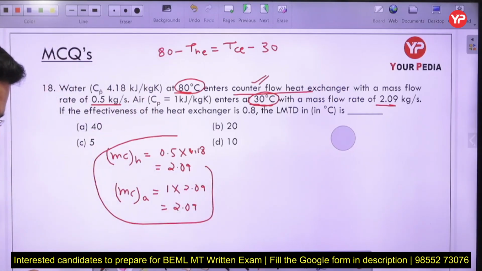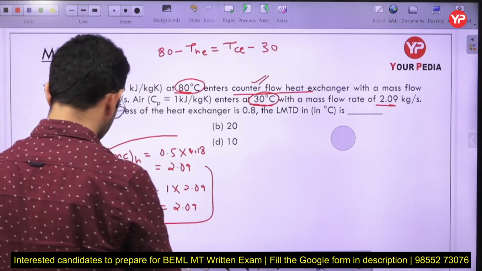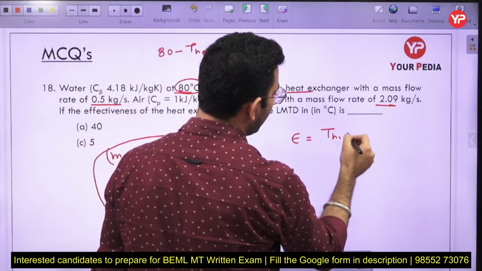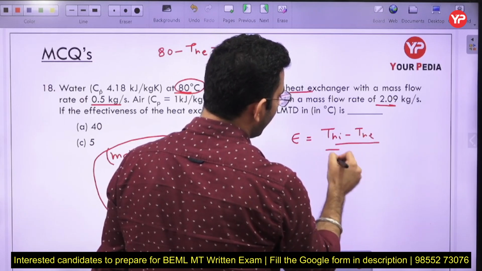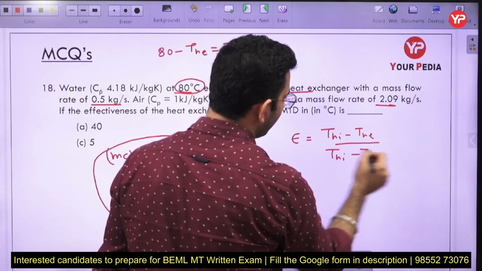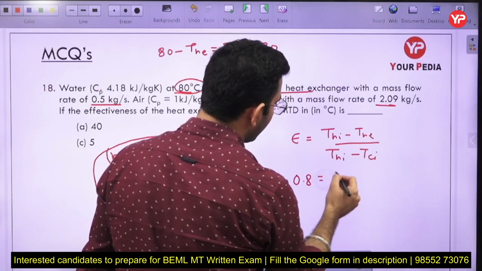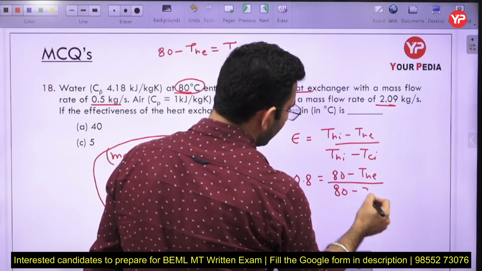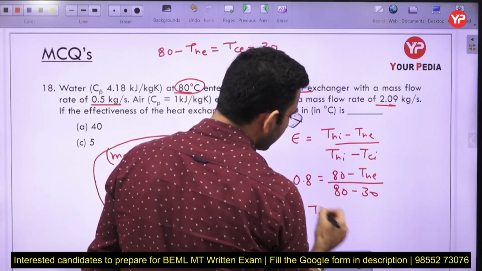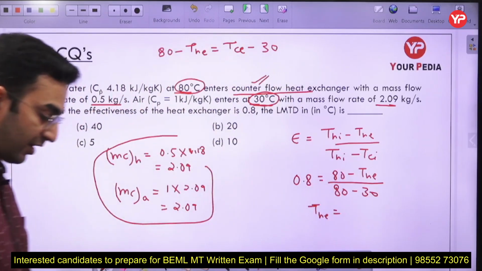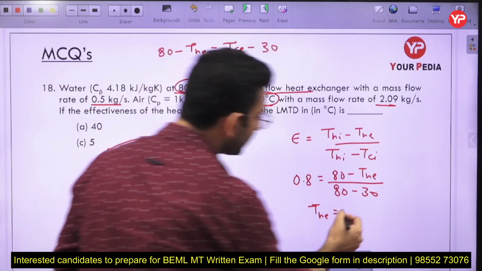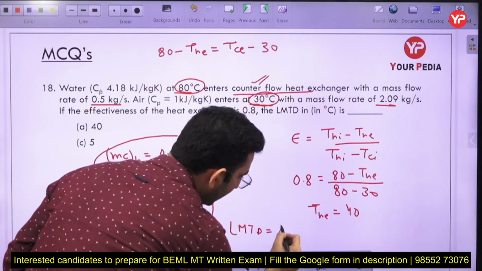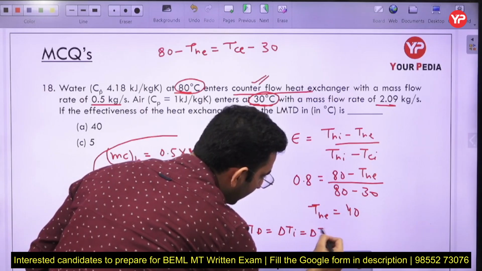So effectiveness can be written as THI minus THE divided by THI minus TCI here. 0.8 equals 80 minus THE divided by 80 minus 30. From this expression just find the value of THE here, and it is coming out to be around 40 degrees Celsius.